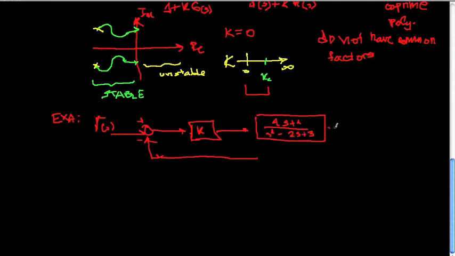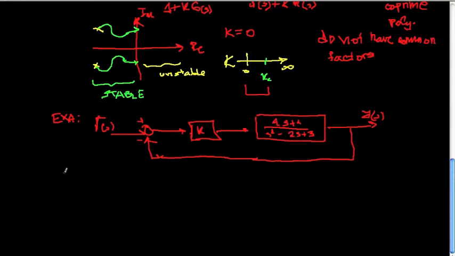We see that the system in the open loop without feedback is unstable because this term minus 2 is negative, so the polynomial definitely has an unstable pole.